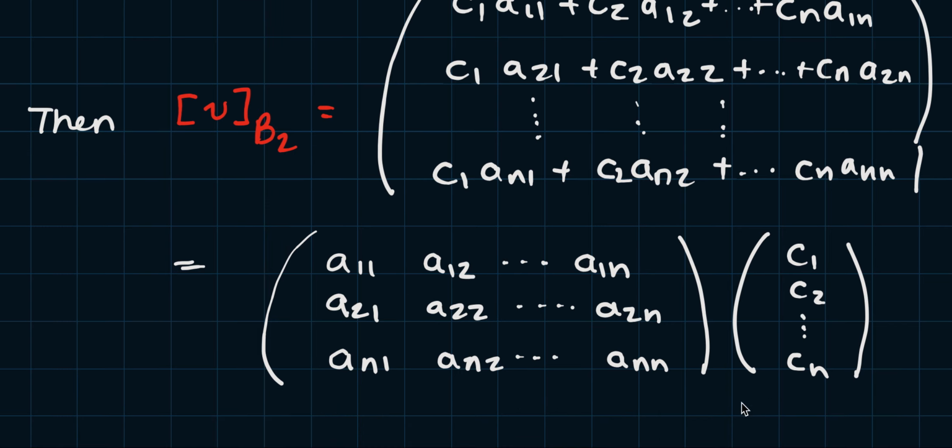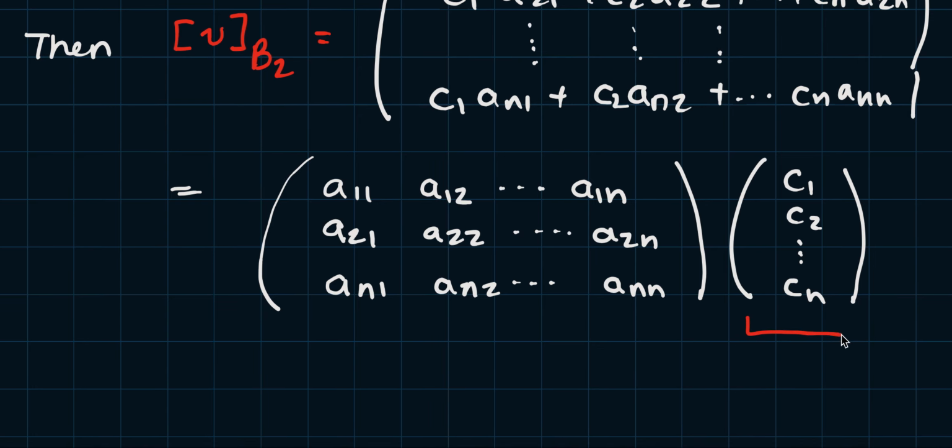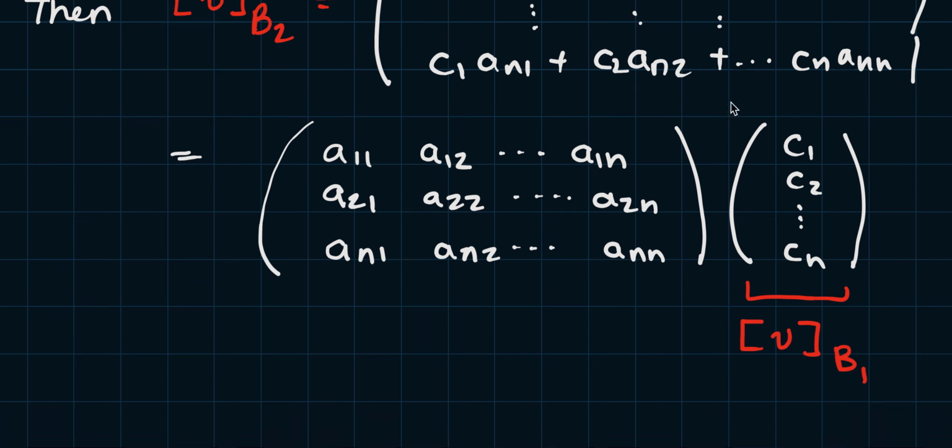But notice that this matrix right here, in fact, let me do it in a different color here. This matrix was actually the coefficient matrix of V in terms of B1. So I have that the coefficient matrix of V in terms of B2 is the product of a matrix whose columns are the coefficient matrices of our basis vectors, times the coefficient matrix of the entire vector V in terms of B1.